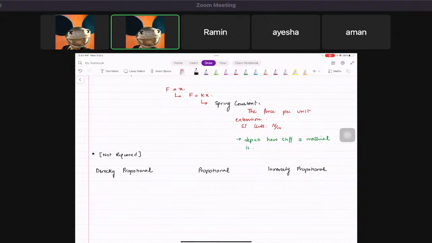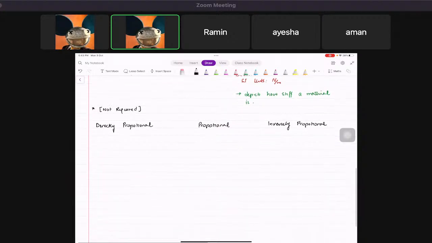Now, directly proportional basically means that whatever graph you draw, it's going to start from the origin, and it is going to be a straight line, like this.